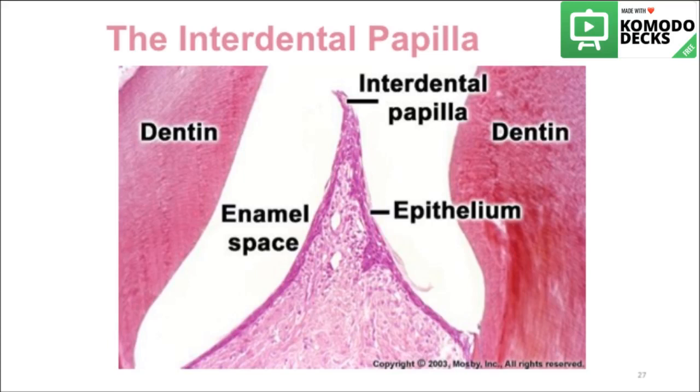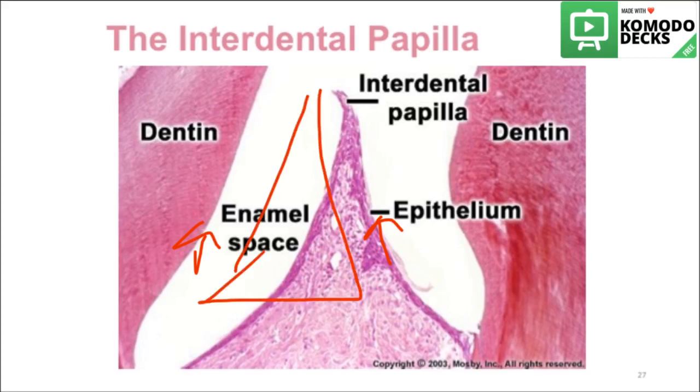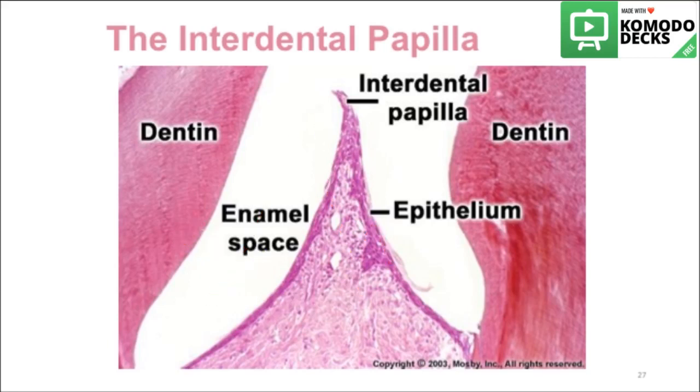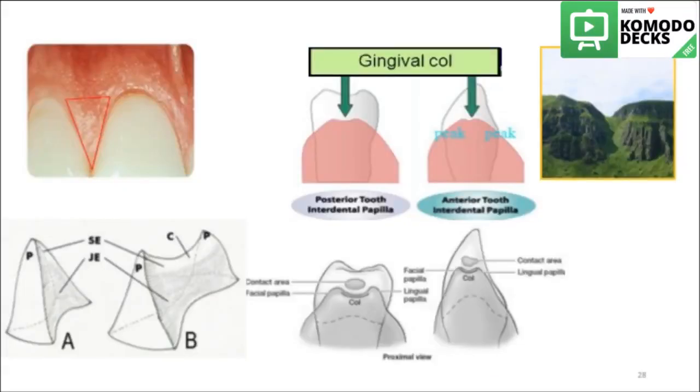Here are two adjacent teeth and the interdental papillae, pyramidal in shape. So the interdental papilla between two adjacent teeth is triangular, pyramidal in shape, pointed, and between bigger teeth like premolars and molars, it forms a col. A col is a slight depression between two mountains.